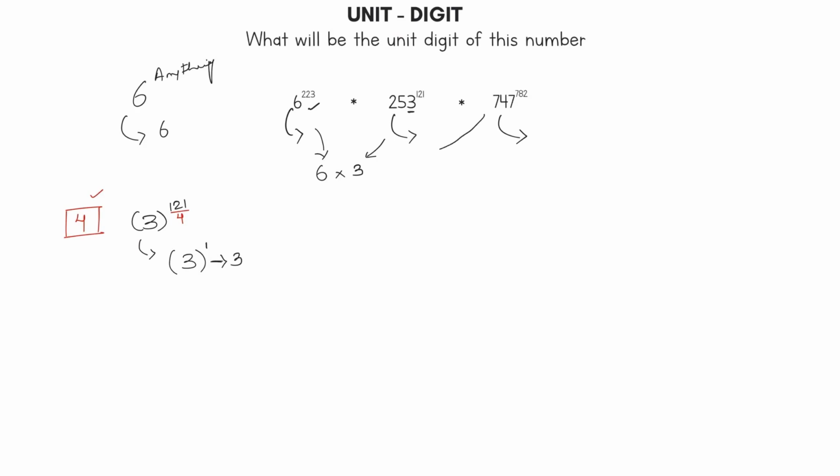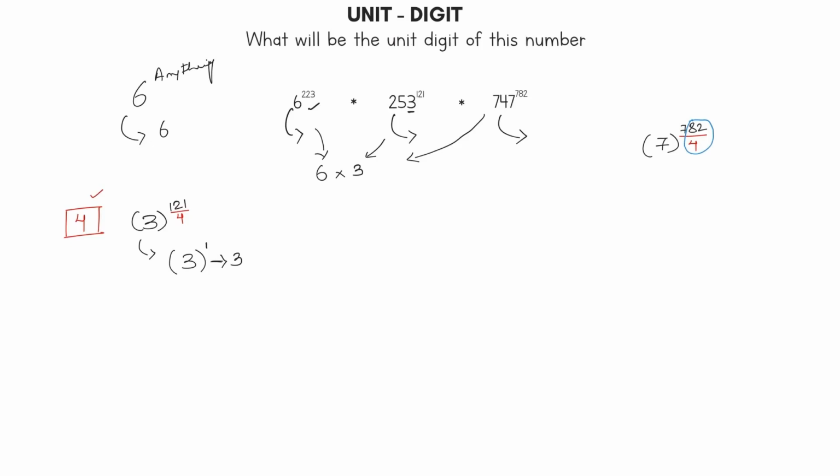Let's get the last part here. What is the unit digit of 7 raised to 782? So I write it here now, 7 raised to 782. What do I understand as soon as I look at this? Even 7 has a cyclicity of 4. So I'll divide whatever is the power by 4 and see the remainder here. I'll divide only the last 2 digits because that is what the divisibility test for 4 says. 4 20s are 80.